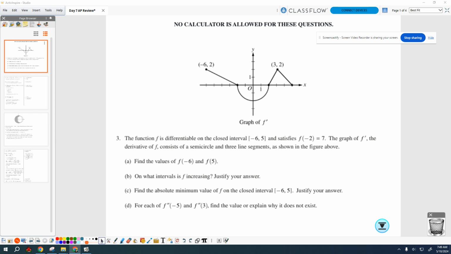Can someone tell me how we would do f of -6? I have a way of showing it, but Gabe, what would you do? It gives you f of -2 equals 7. So 7 plus the integral of f prime between -2 and -6.